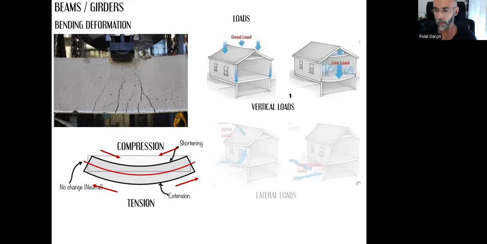So that means that we need to design our structural system. We need to make proper decisions for its vertical components, columns, and for its horizontal components, beams.